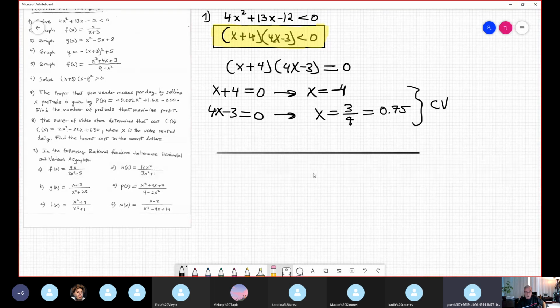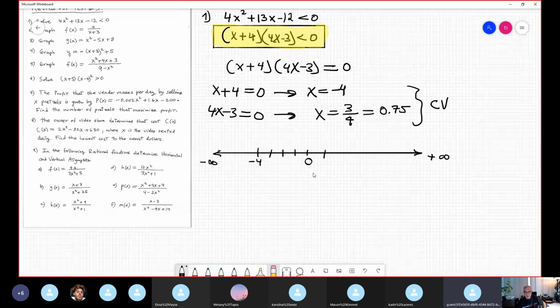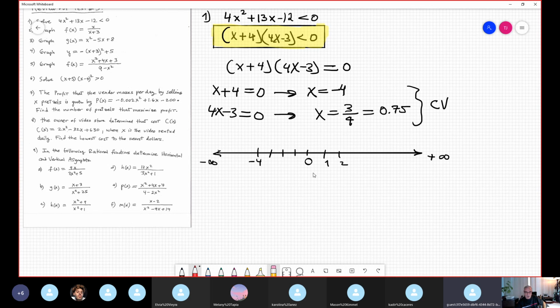This is positive infinity, this is negative infinity, this is 0 in the middle. And negative 4 here: negative 1, negative 2, negative 3, negative 4. I suppose here is the critical value. And 0.75 is a decimal between 0 and 1, close to 1, no? I suppose approximately like that.